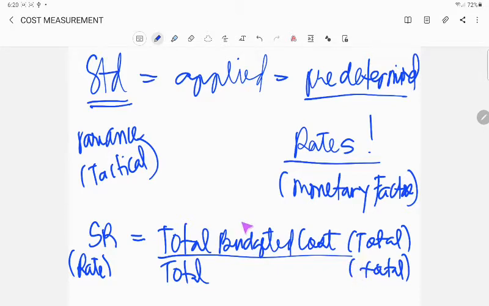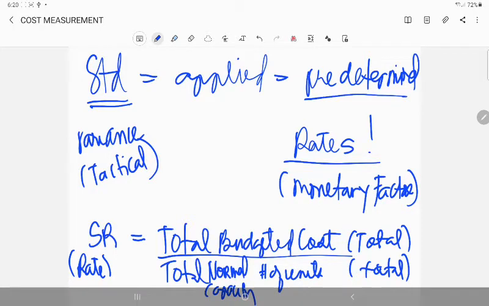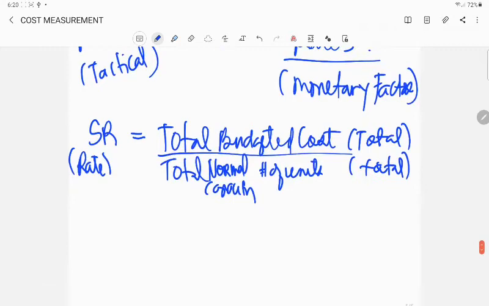At ang madalas dito ay total number of units. Anong number of units? Pag ang dinidetermine natin ay yung standard rate, pinagbabasihan dito ay normal capacity. Okay? Yun ang kaibahan.